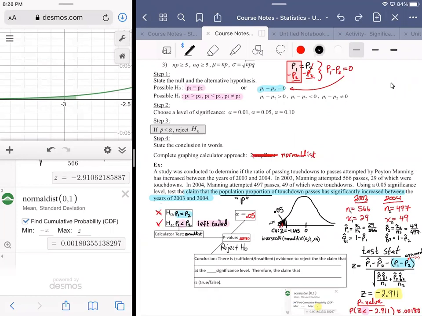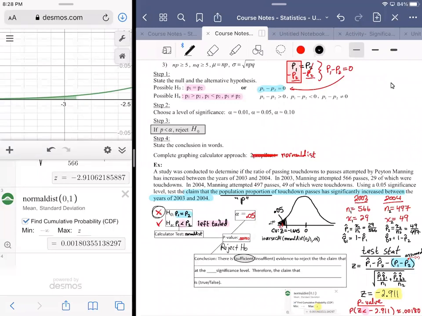So here I'm saying I am rejecting the null hypothesis. We got a big old X there. So that means that there must be sufficient evidence to reject the null hypothesis.